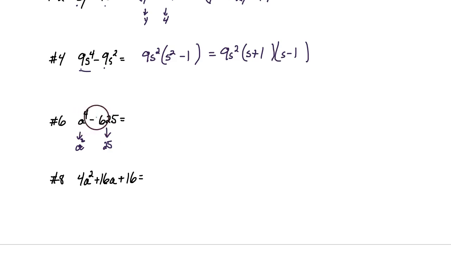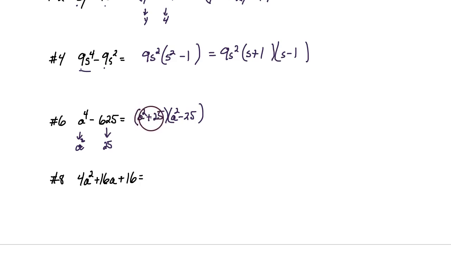So because both of these terms are perfect squares, this is called a difference of squares. The pattern has 2 parentheses. It goes a squared times a squared makes the a to the 4th, and positive 25 times negative 25 makes the negative 625. Now inspect both of these to see if they fit a pattern. The first one is a binomial, so the pattern we're looking for is called difference of squares.